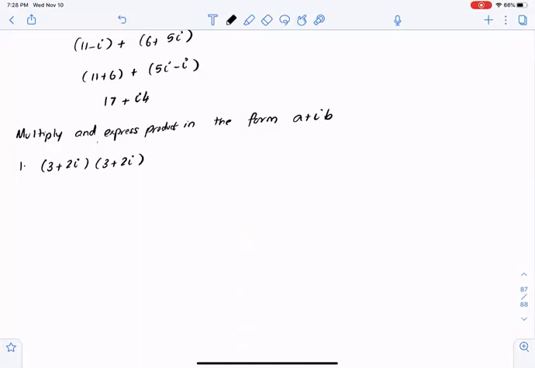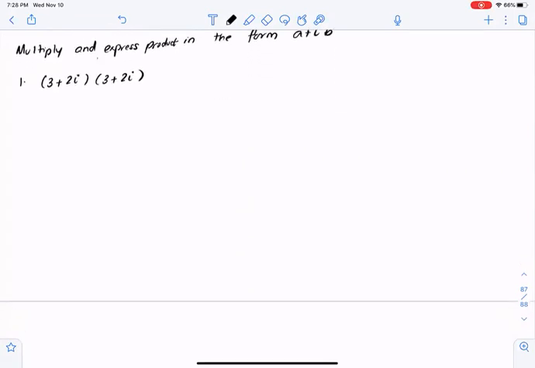The process of multiplying two complex numbers is very similar to multiplying factors, foiling. So here I have 3 plus 2i multiplied by 3 plus 2i.